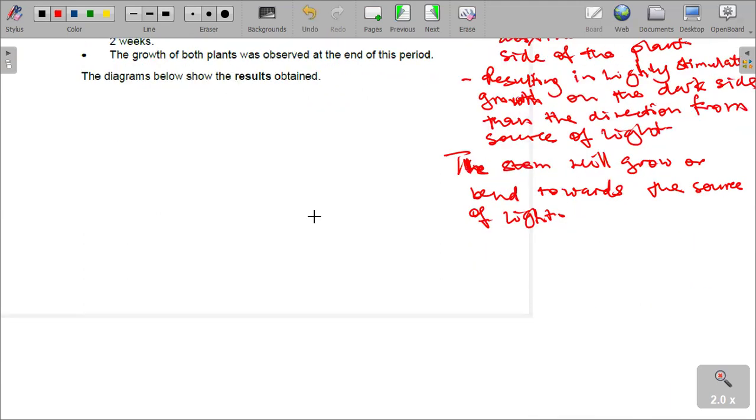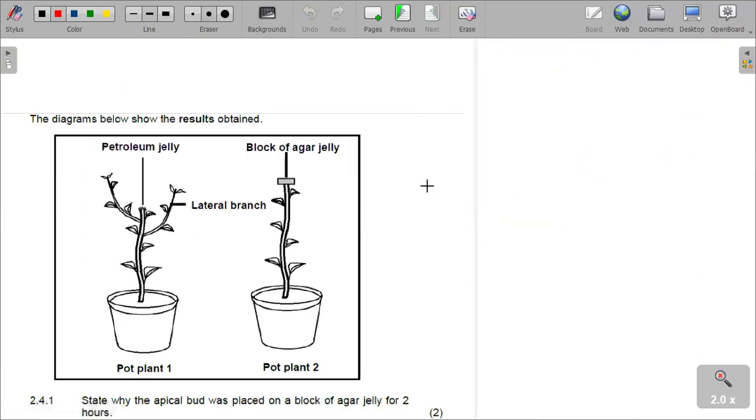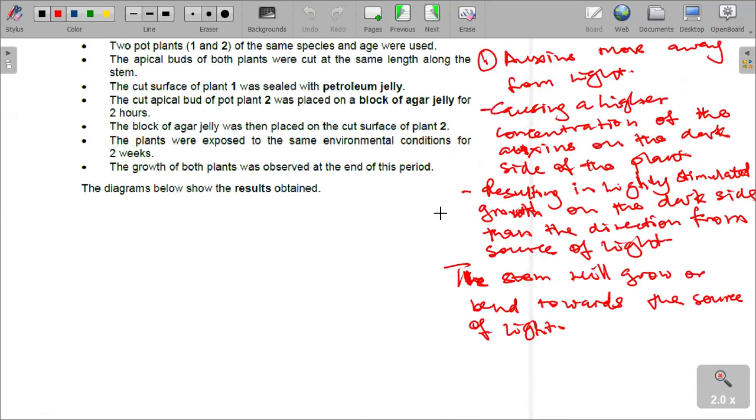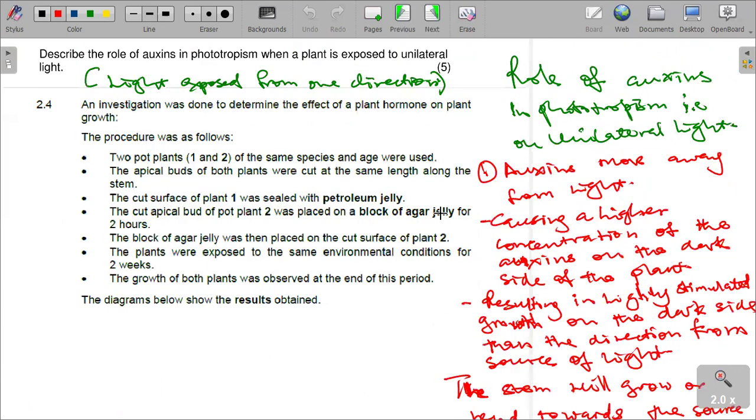So, let's quickly answer our next question. The diagram below shows the results obtained from an investigation done to determine the effects of plant hormone on plant growth.